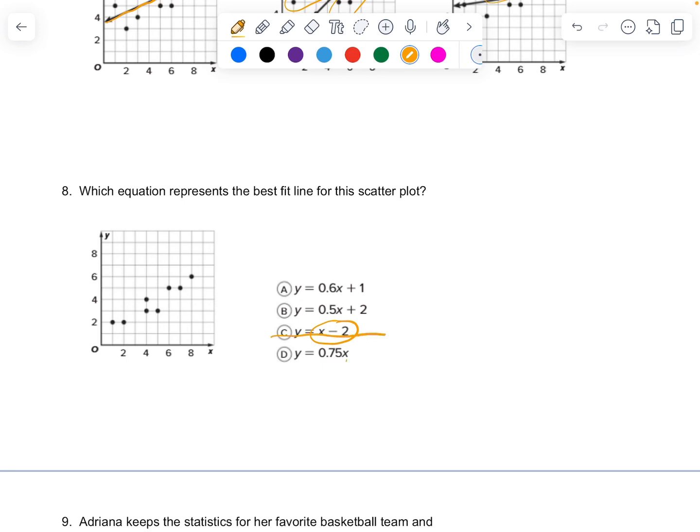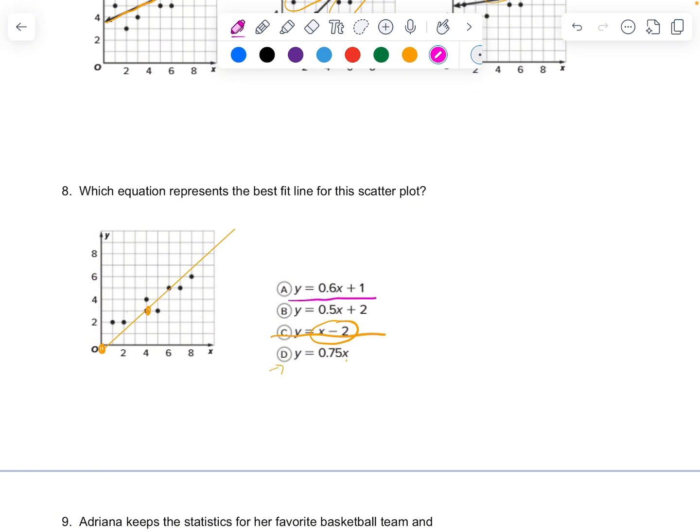D says it goes through 0, 0, and it's going to go up 3 and go through this. Okay. Don't really like that one, but I'll leave it up there for a minute.